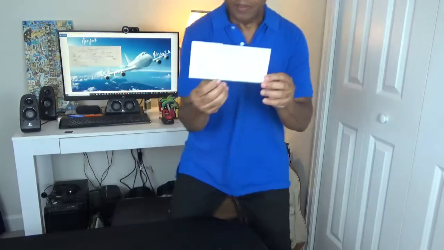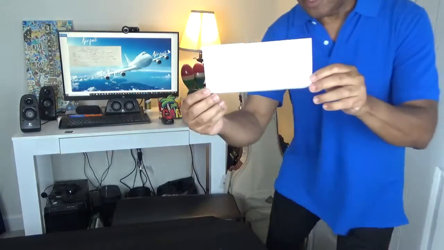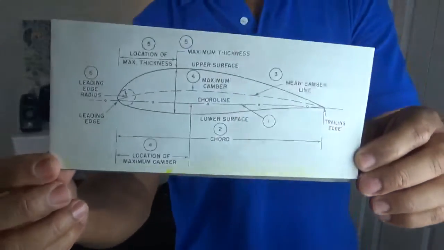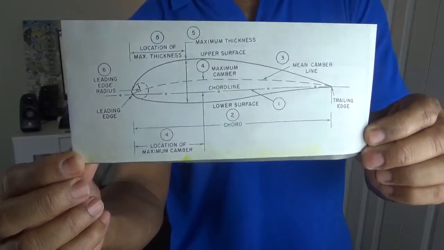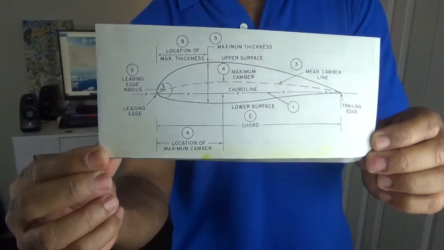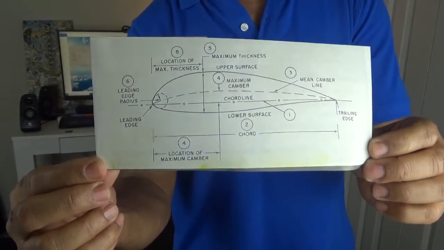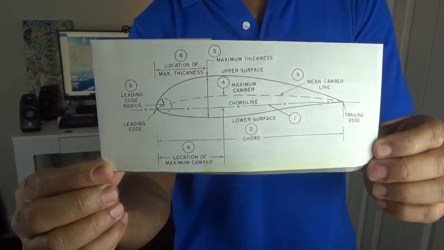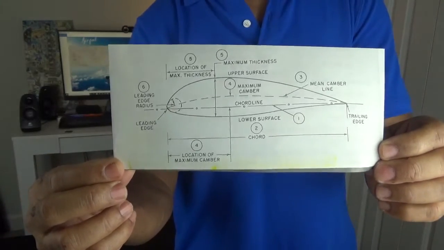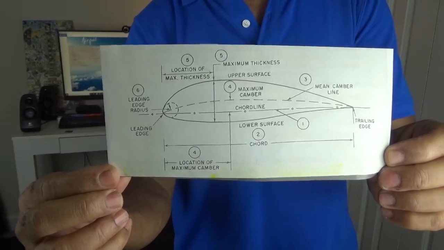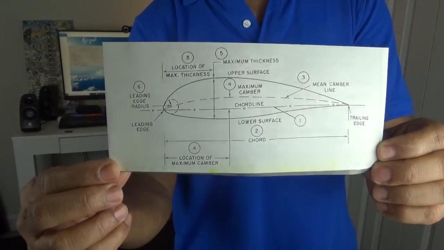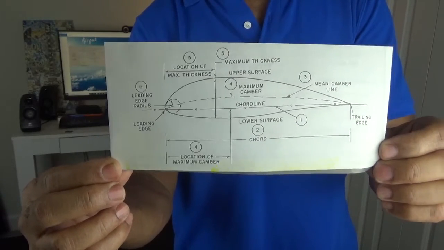Here is a picture of an airfoil. Please take a good look at this airfoil, which is also called a slice of the wing.